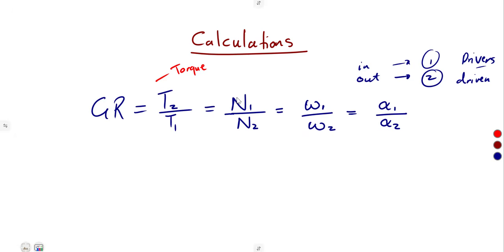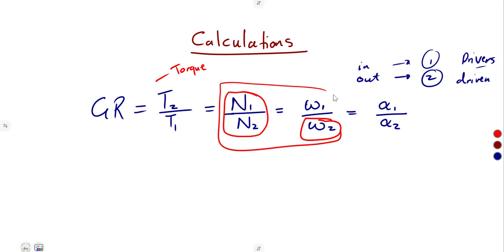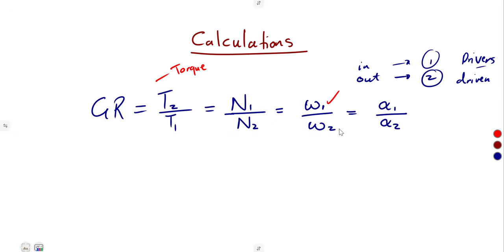So it can be used to answer anything, provided, let's say we have got all this and we have got omega 2. We want to calculate omega 1. We can simply use this equation and find omega 1, because that will be the only unknown. Let's say we are given this and this and this.